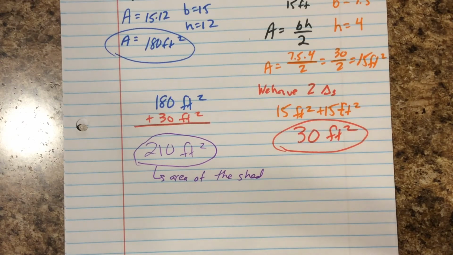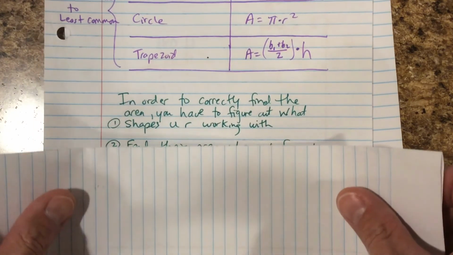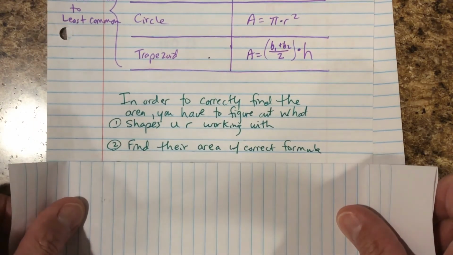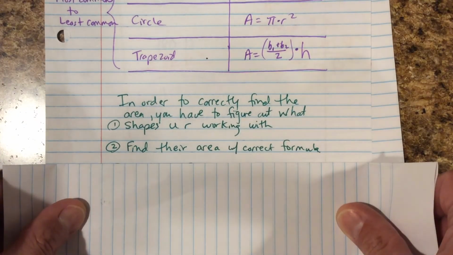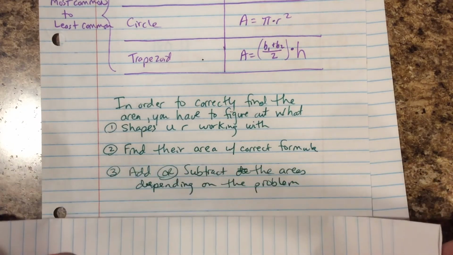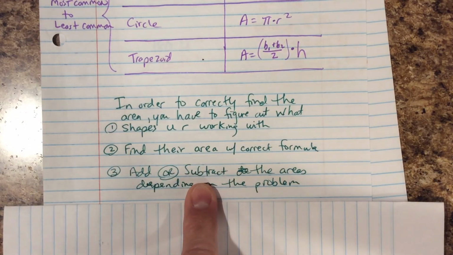All right. The second thing we have to do, once we know our shapes, we have to find their area with the correct formulas, which is why it's so important to be able to look at your shapes and break them up into what they have, or what you have. All right? And the third thing we have to do is add or subtract. All right?